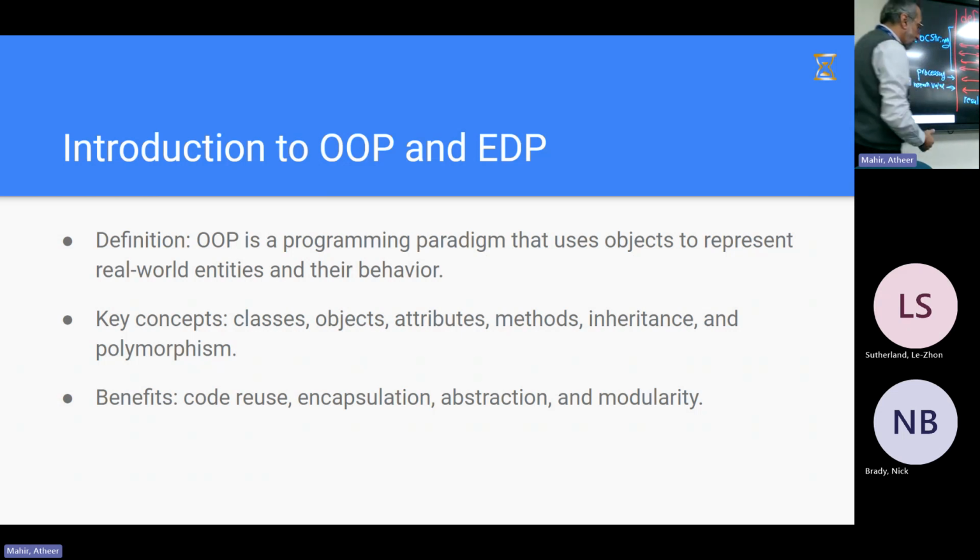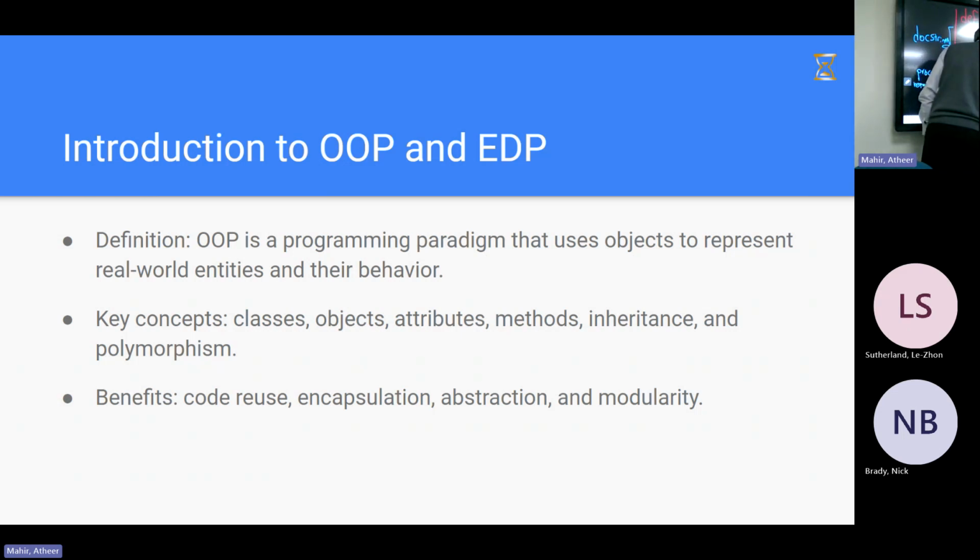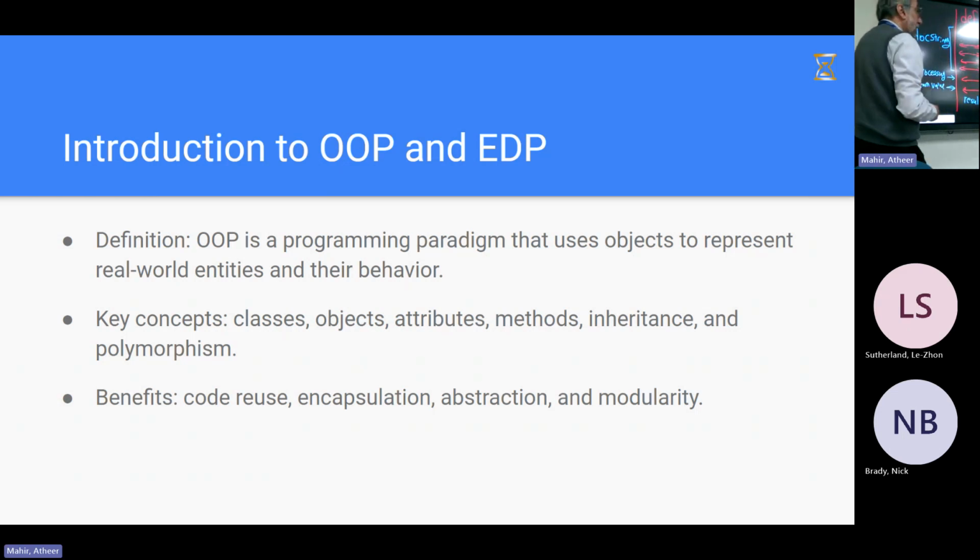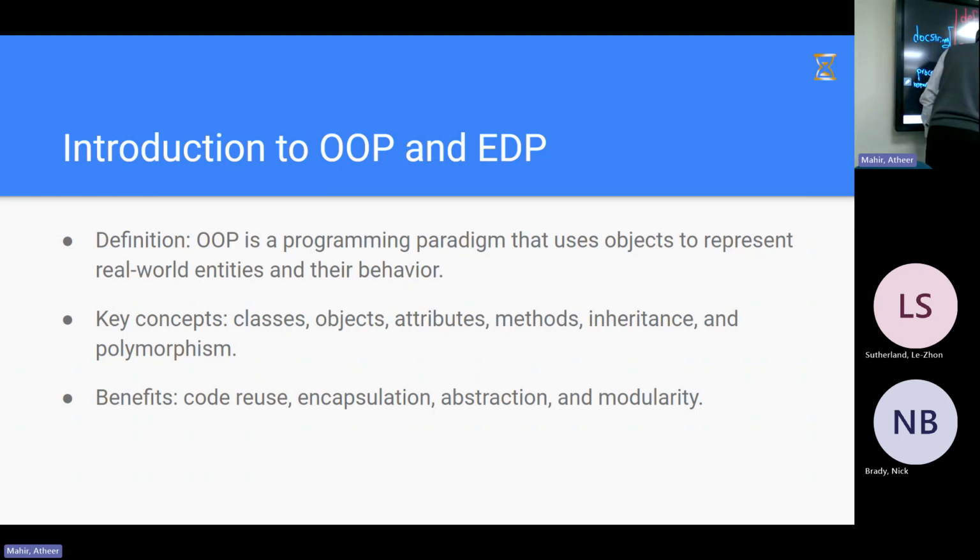Now, if I say result is equal, and I call that function, I say add function. This is underscore, by the way, it's not dash, it's all underscore. Okay, and I say 3 and 4.